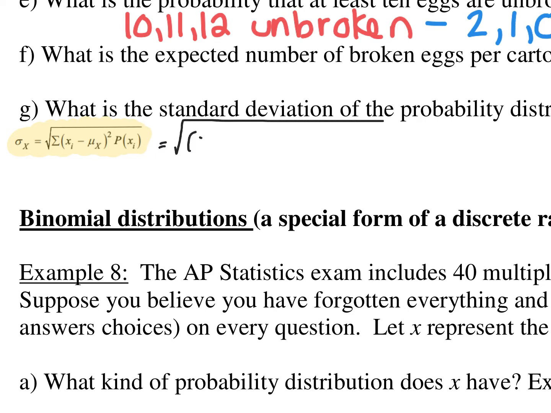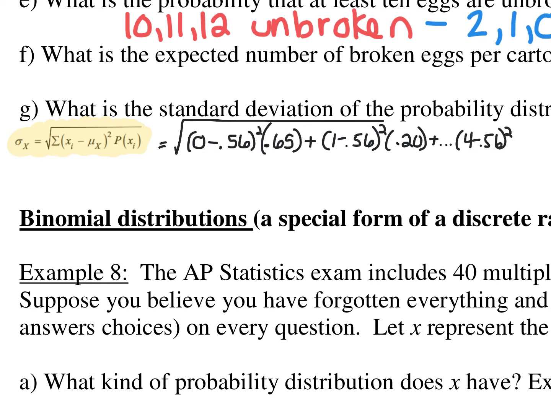Our first one, the random variable value that it takes on is 0 minus 0.56, squared, times the chance of that occurring, 0.65, plus 1 minus 0.56, squared, times the chance of it occurring, 0.20, and I'm just going to put plus and an ellipsis up to the last one: 4 minus 0.56, squared, times the chance of it occurring, 0.01.